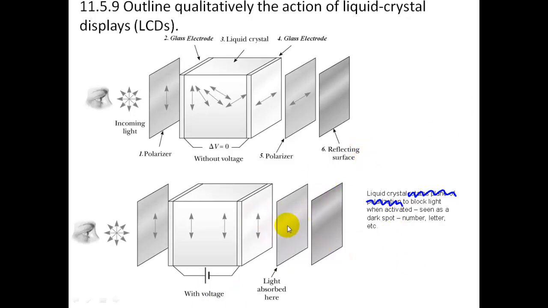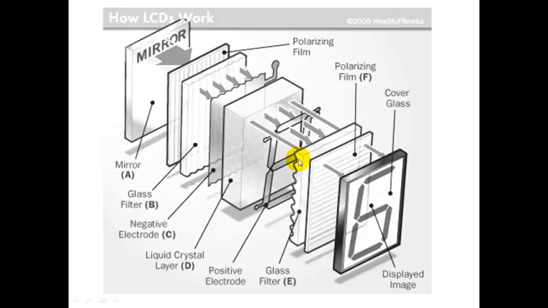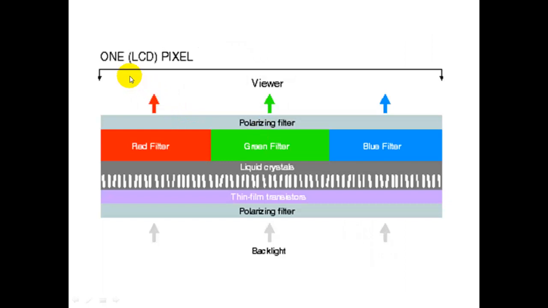So it will all be absorbed, so it means that there will be no light that is reflected, which means it will appear dark, and you know that. A liquid crystal, when it's switched on, goes dark. When it's off, it's clear. And this is the same again, but a little bit more complicated. Also, in LCDs, this is used like on a computer screen. This is for a polarizer as well.